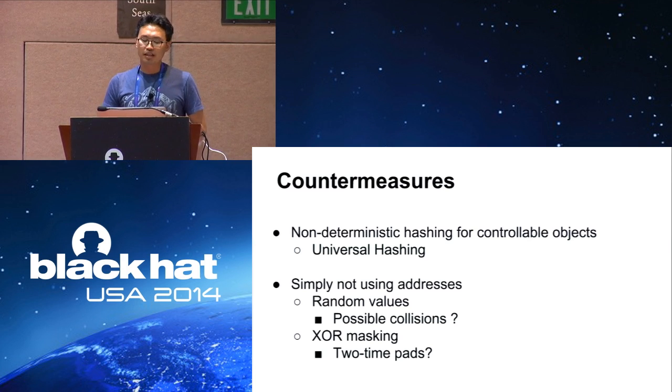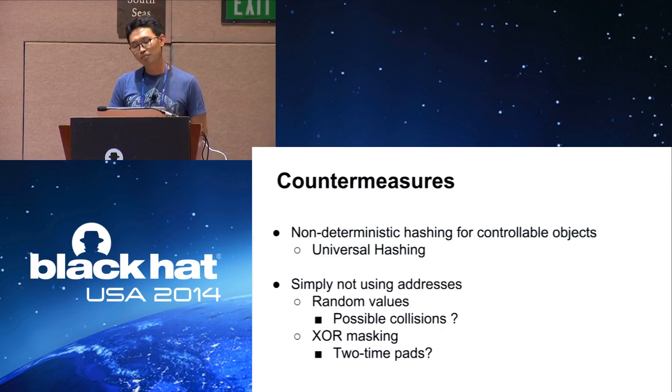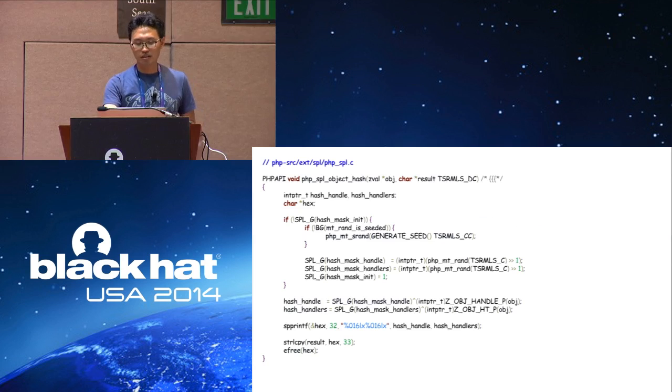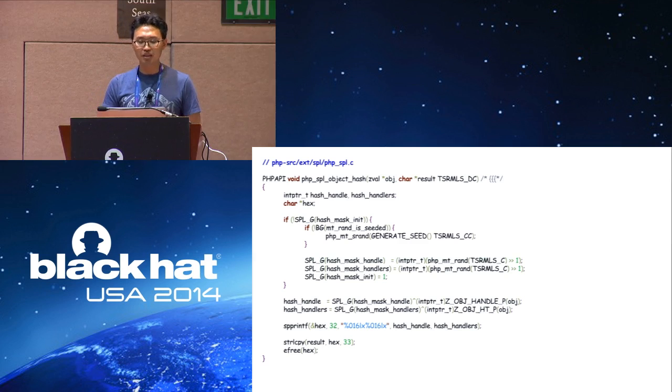So XOR masking can also be a solution. This is actually the design choice of PHP. But the problem is that there can be a two-time pad. Let me show you the example code of PHP. This is how PHP computes the hash for a certain object.